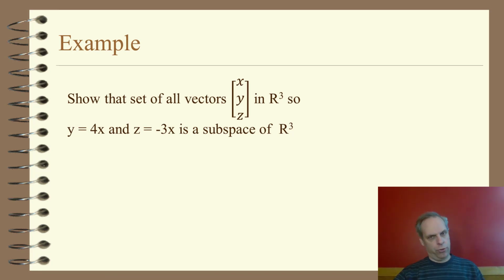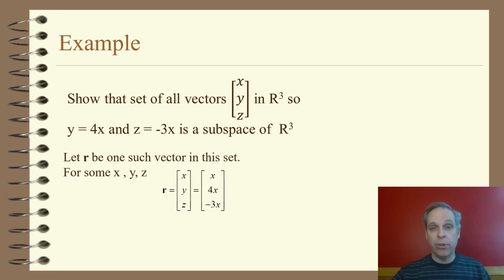So first, consider a set of vectors whose components are x, y, z in R3 so that x is the free variable, y is then 4x, and z is negative 3x. If you let R be one of these vectors in this set, it can be written as x, y, z, but just replace y with 4x and z with negative 3x.